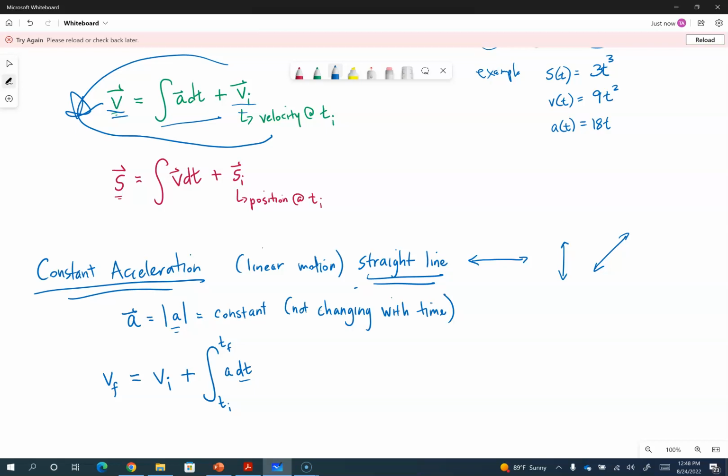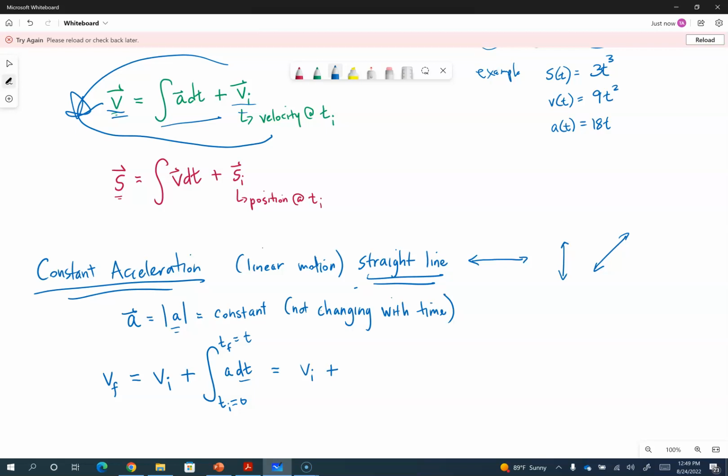For simplicity's sake, I'm going to say t initial is 0 and t final is just t, meaning however much time has passed, so that we end up with an equation with t in it. V initial still means the initial velocity, so we would have to put in plus or minus to account for direction. It's however fast and in whatever direction the object is initially traveling. That's going to be specific to the problem.